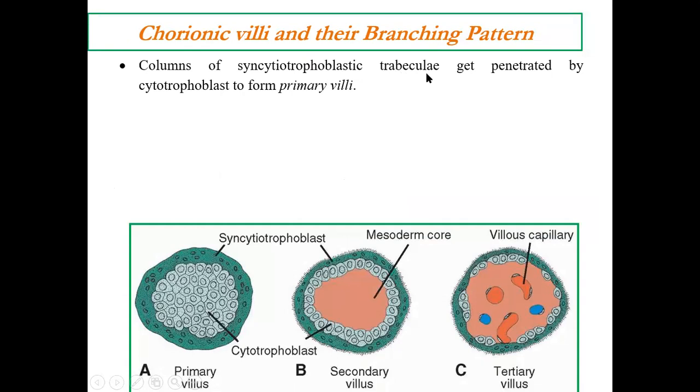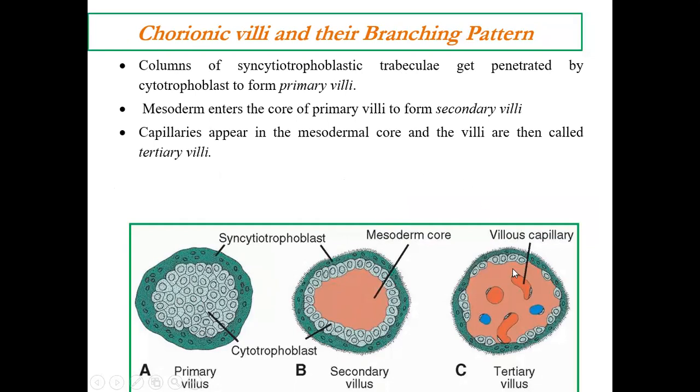Columns of syncytiotrophoblastic trabeculae get penetrated by the cytotrophoblast to form primary villi. This is during the second week. Then when the extraembryonic mesoderm enters the core of the primary villi, it turns into a secondary villus. And when fetal capillaries appear in this mesodermal core, the villi are known as tertiary villi.